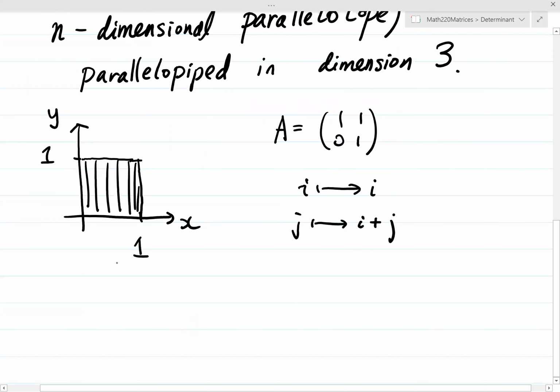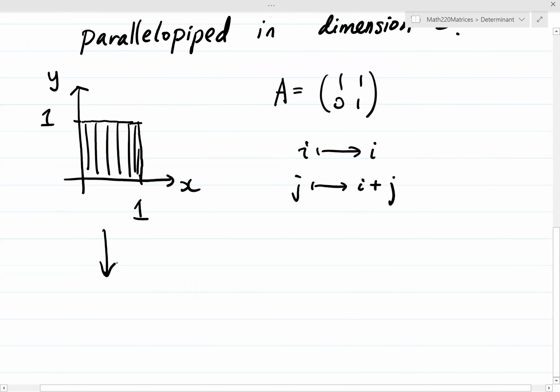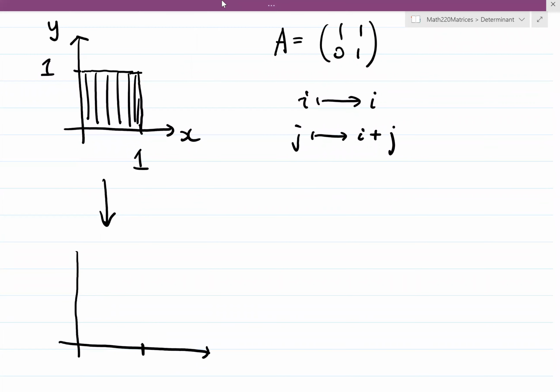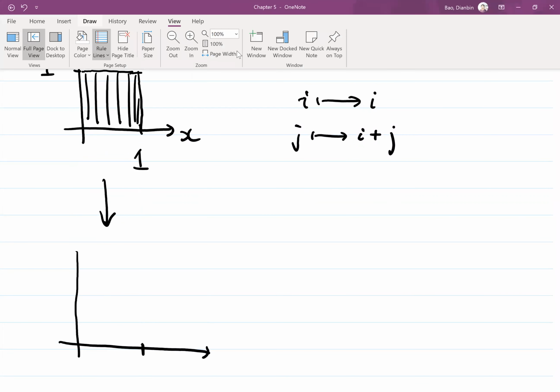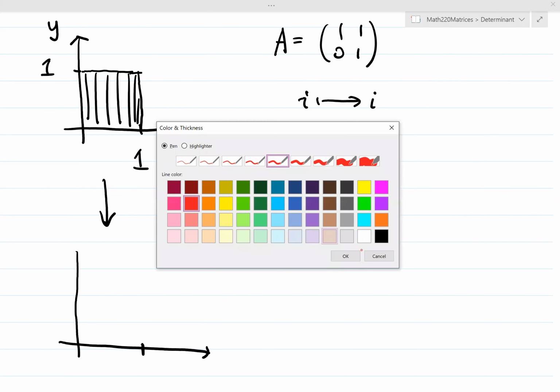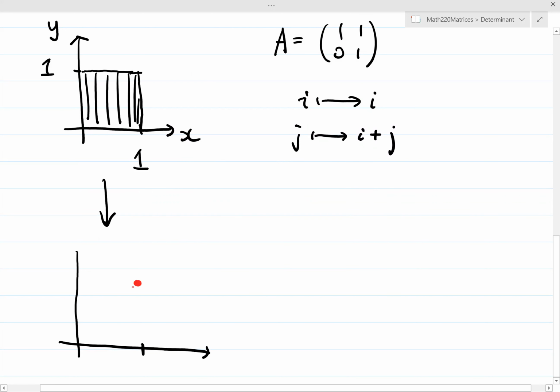By the matrix A, J will map to I plus J. So I is I. Let's use red to produce the image. Now J maps to I plus J. So here this is red.